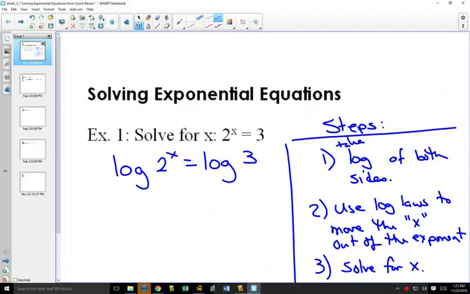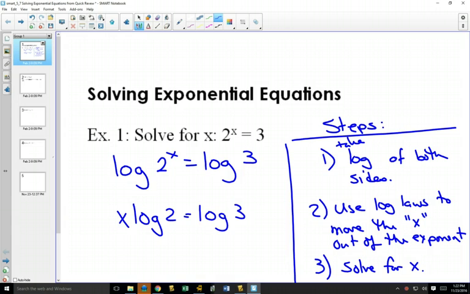At this point, we've done step 1. Step 2, can we use log laws to move our x out of the exponent? Yes. In this one particular, we can move that x right now in front using that log law. And we get x log 2 equals log 3. Now the third step, use your algebraic knowledge from before to get x by itself.